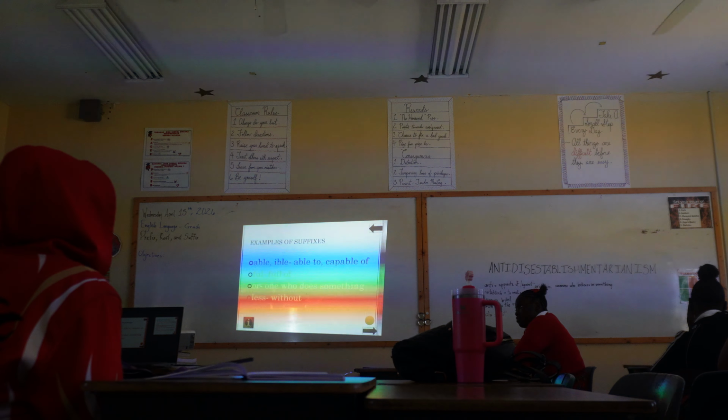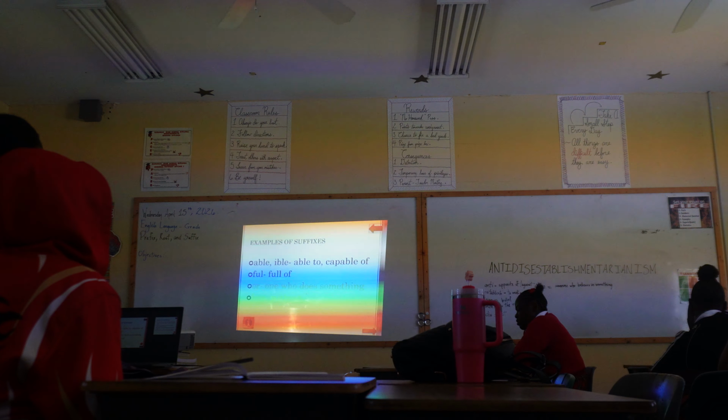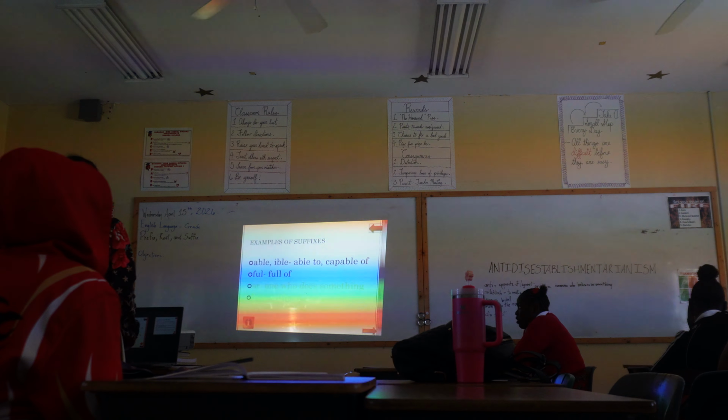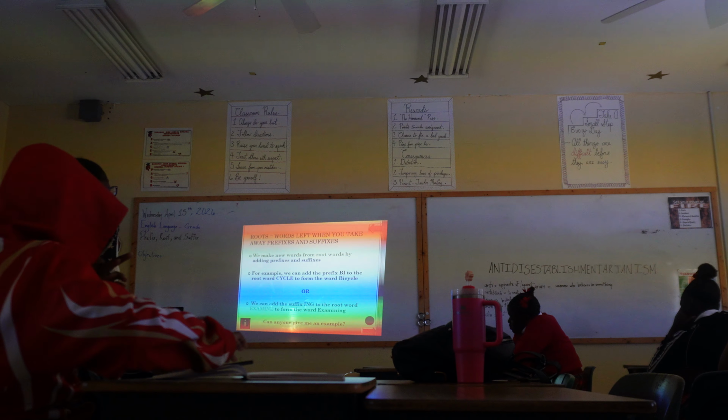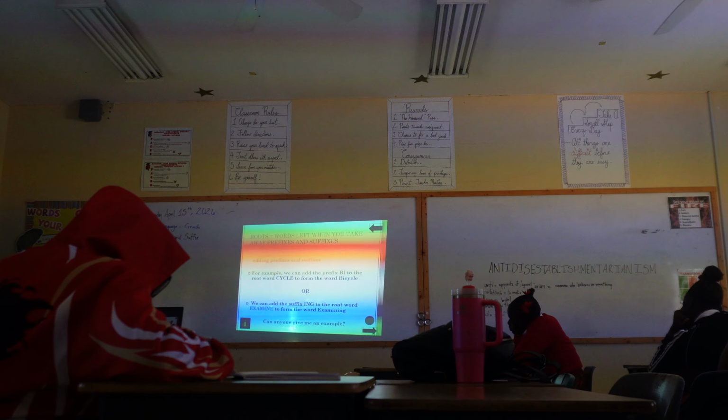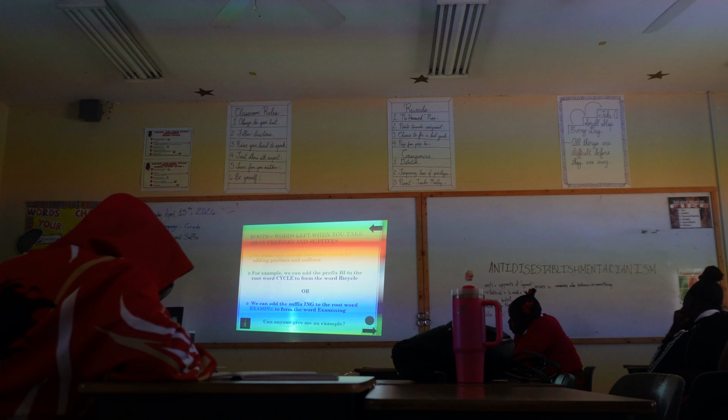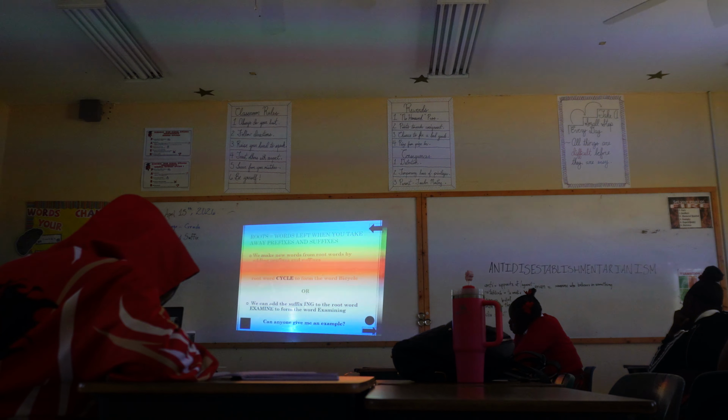Good. And finally, we are going to learn about our root words. Now, our root words, we're only writing the definition that's on the top. These are the words that are left when you take away your prefixes and suffixes.